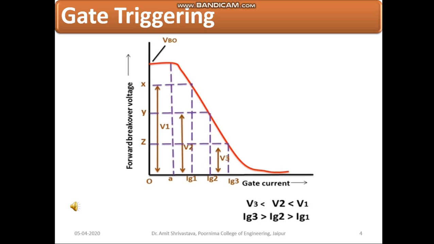For gate currents Ig1, Ig2 and Ig3, the magnitudes of forward breakover voltages are OX equal to V1, OY equal to V2 and OZ equal to V3 respectively. In practice, the magnitude of gate current is more than the minimum gate current required to turn on the SCR. Typical gate current magnitudes are of the order of 20 to 200 milliampere.